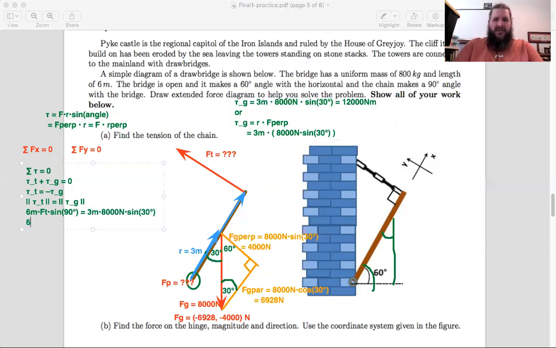So that's 6 meters times unknown force of tension times 1 equals 3 times 8,000 times sine 30, which we found earlier was 12,000.